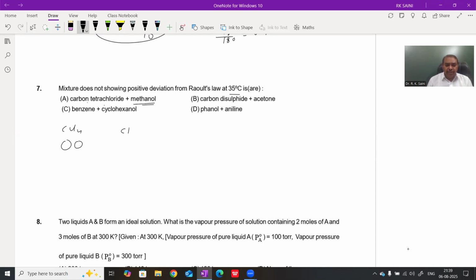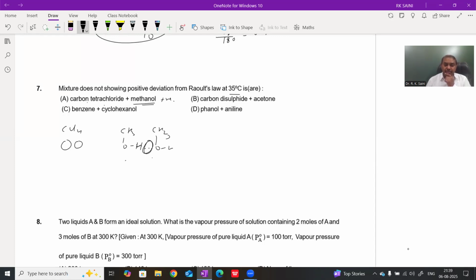Methanol, in which hydrogen bonding is present between the molecules in pure form. When these liquids are added to each other, then the hydrogen bonding breaks up because they make a homogeneous mixture, and when attraction forces between the components decrease compared to their pure form, then the solution shows positive deviation.